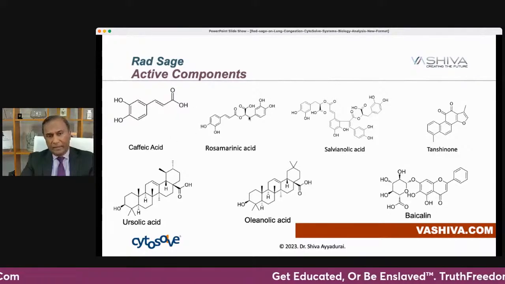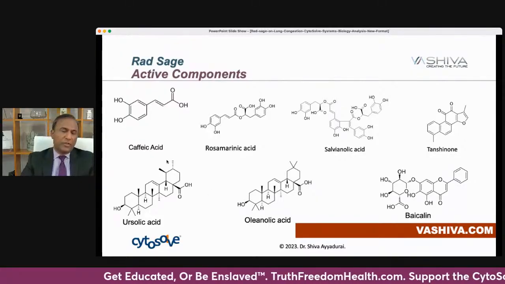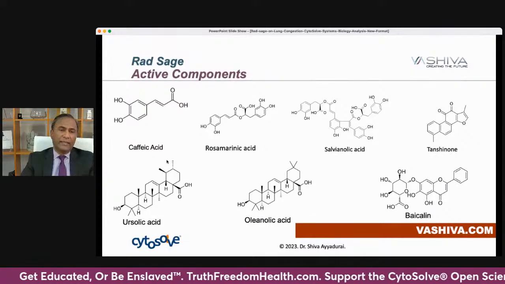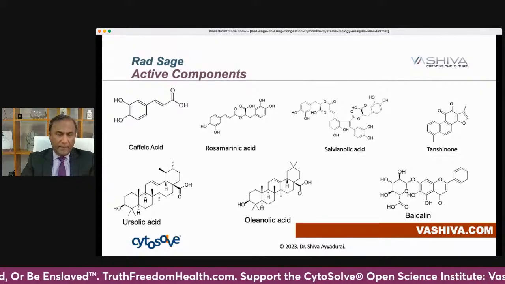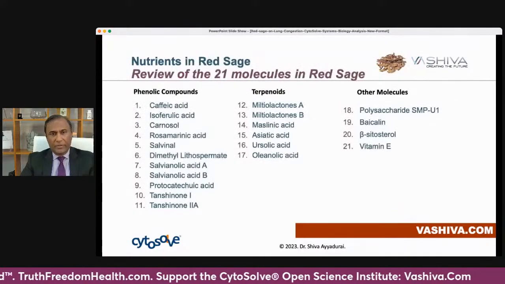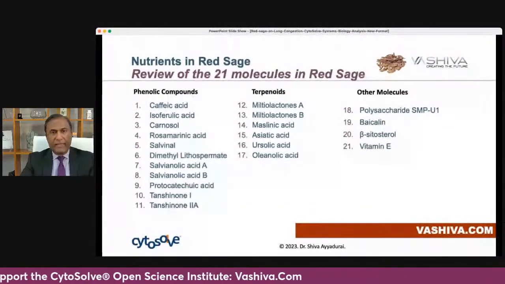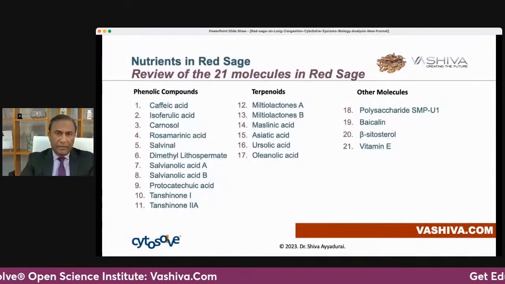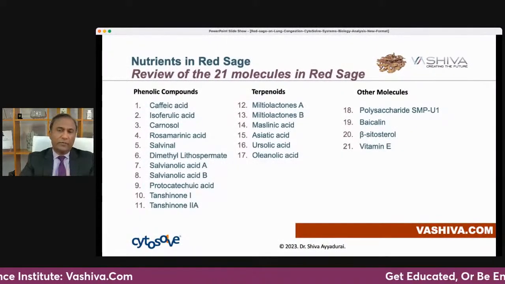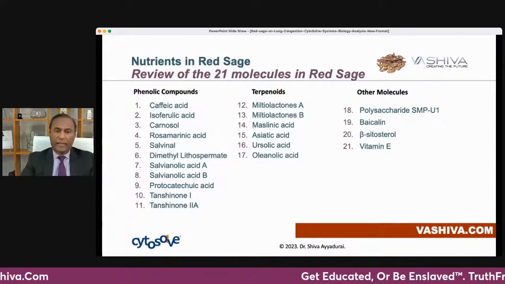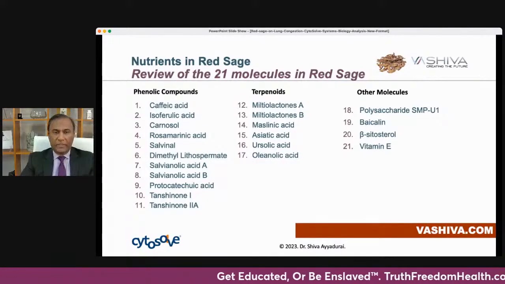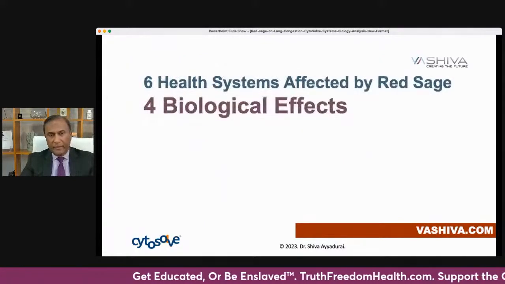And you can see these are all very cool structures, and the structures of these molecules determine how they get activated in your body. Okay. So in summary, there are 21 molecules in red sage that CytoSolve was able to uncover from looking at all that literature that have a lot of evidence-based research on them, okay?